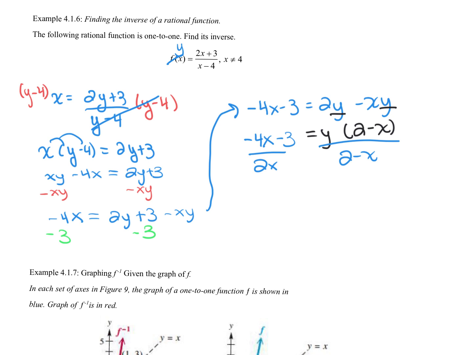So my final answer is f inverse of x equals (negative 4x minus 3) over (2 minus x). And then we should probably write x cannot equal 4. That was originally in that thing.